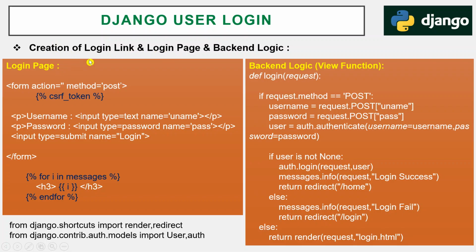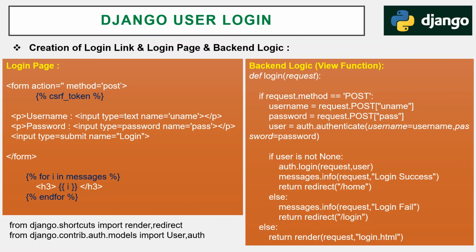So generally, what does a login page consist of? Username and password. That's it, no? For that, the login page code is given here. So the form, action and method is post. The CSRF token is mandatory, friends. While submitting the form, this token should be there.